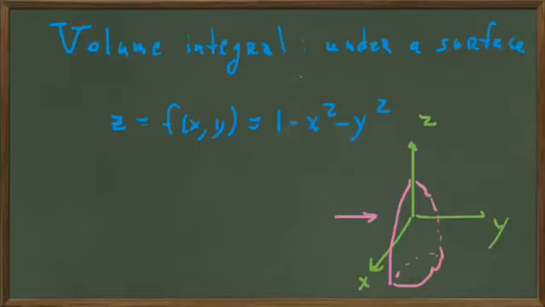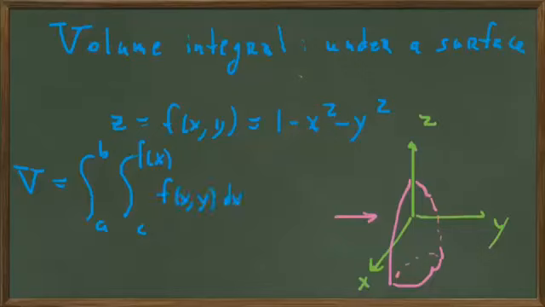So we're getting the volume here. The volume under a surface is defined as this. It's a double integral. We go a to b, c to f of x, and then we integrate the function f of xy.